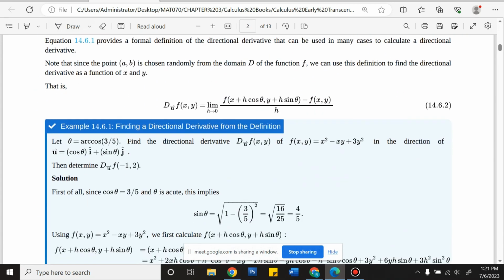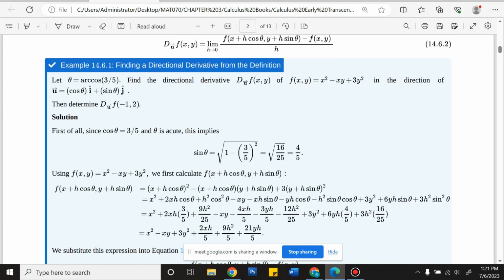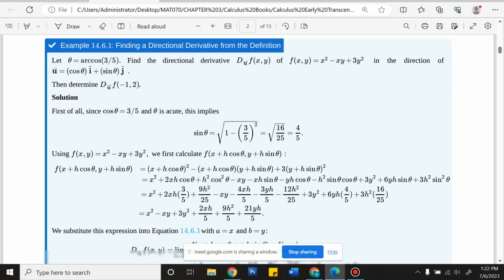Okay, let's try. Now, let theta be equal to arccos of 3 over 5. What is the value of arccos of 3 over 5, class?